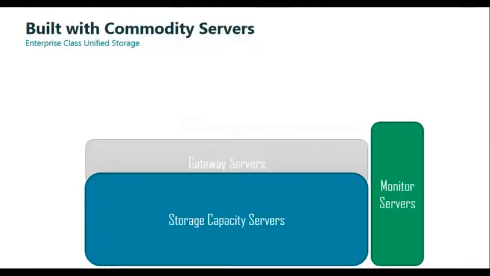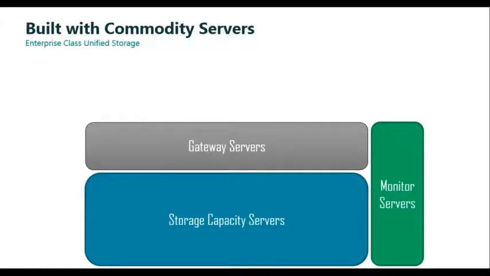Now the third group is the gateway servers. Gateway servers, as the name suggests, are the gateway to the capacity which is stored by the capacity servers. In simpler terms, they are the protocol conversion components. They are where the application request for data lands.